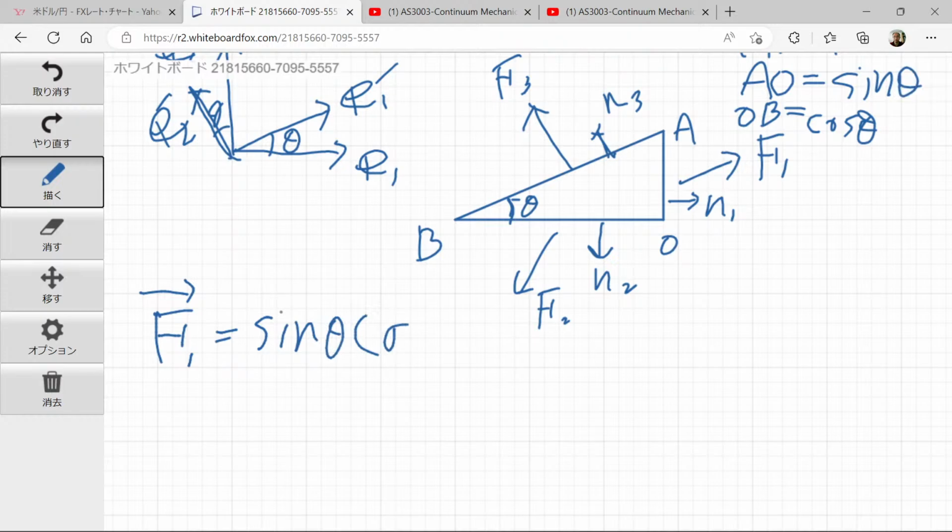The stress tensor goes like sigma xx E1 plus sigma, what was this? Sigma yx, I forgot. yx e2.